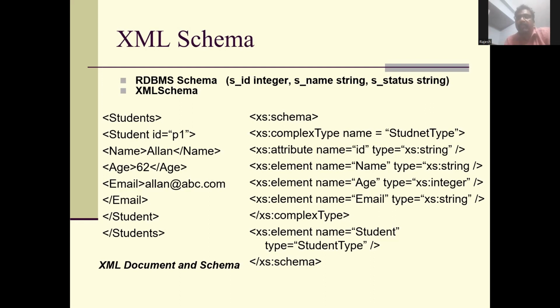For example, name means the XML element should contain only string content. If it is age, it should contain only numbers. It is easier to define restrictions on the data, so this type of element should have only this type of content.